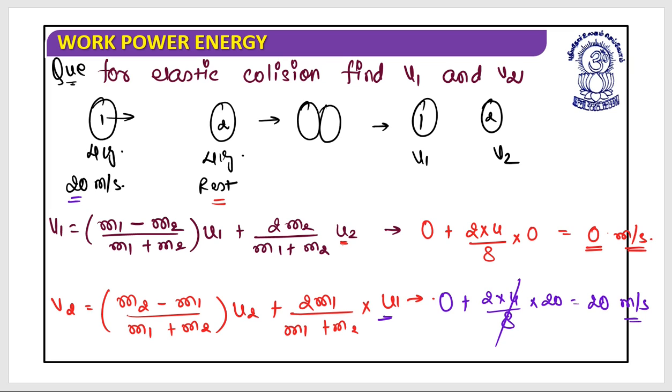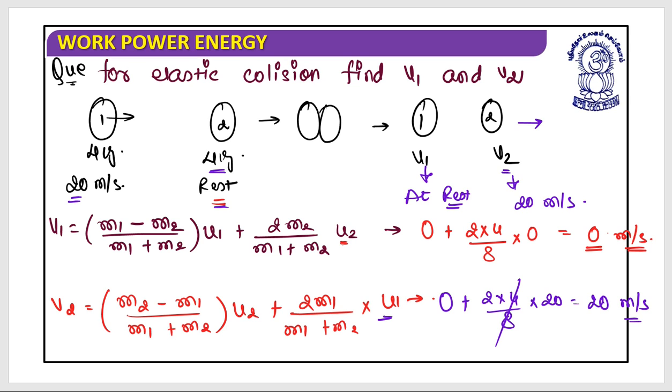So according to this, initially the second object was at rest, and after collision it starts moving with a speed of 20 meter per second, and the first will be at rest. Yes, this is even the case.